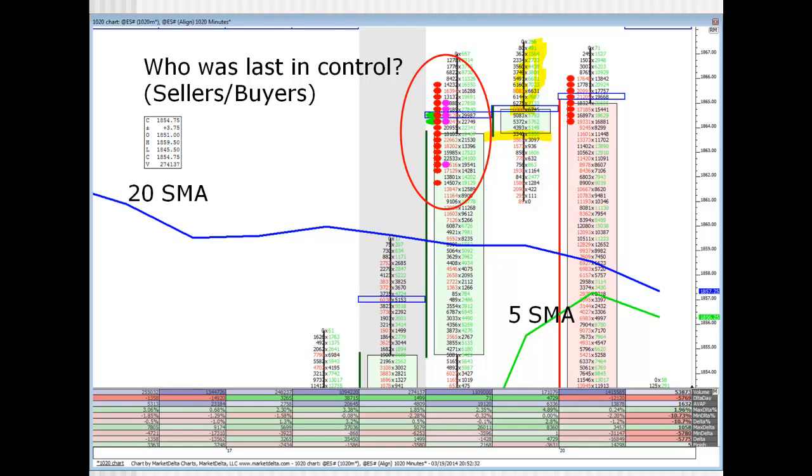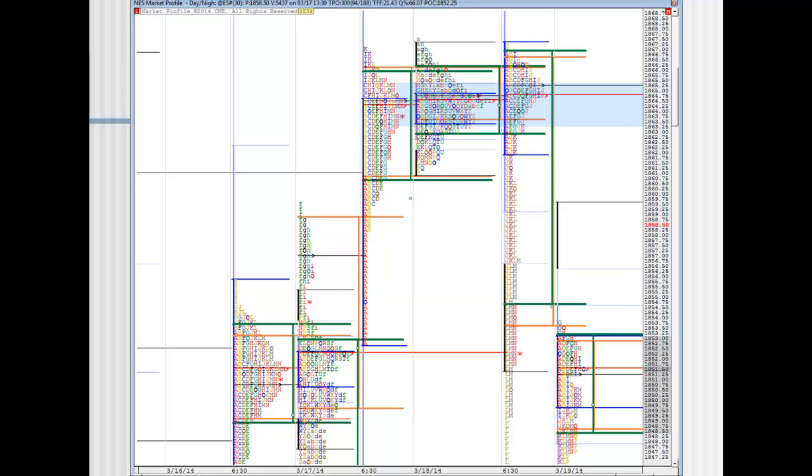First, I want to go back and hone in on something that we began our discussion with, which was the settlement period. I always like to draw a rectangle around the area of the settlement period, as you see here, to get an idea about where it is on the chart.